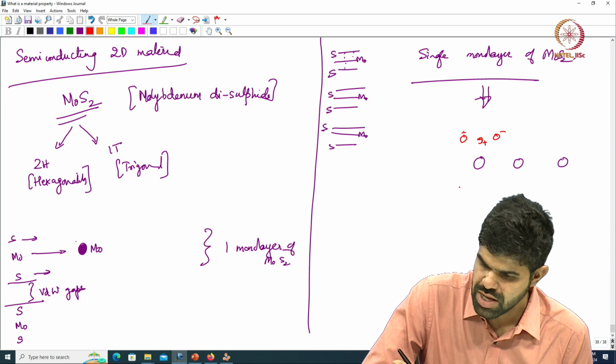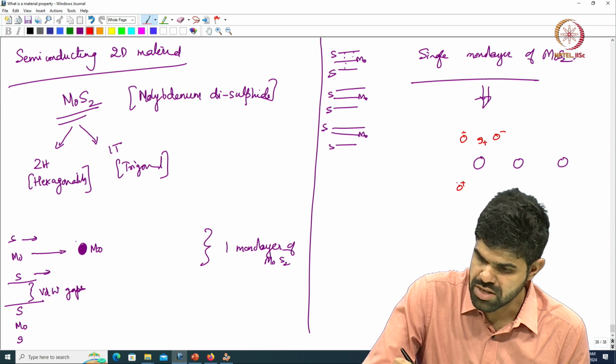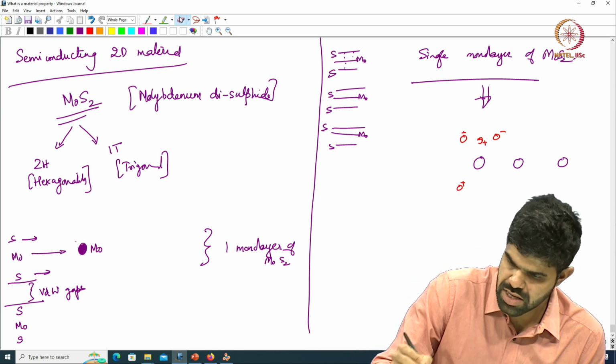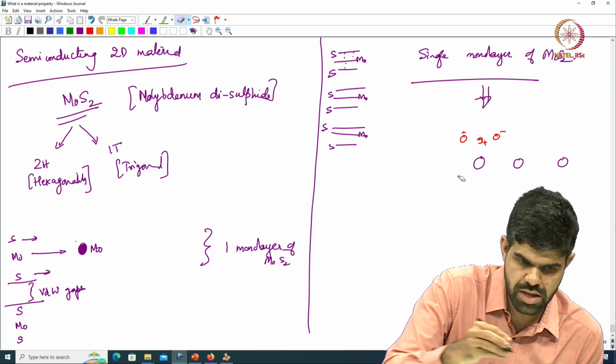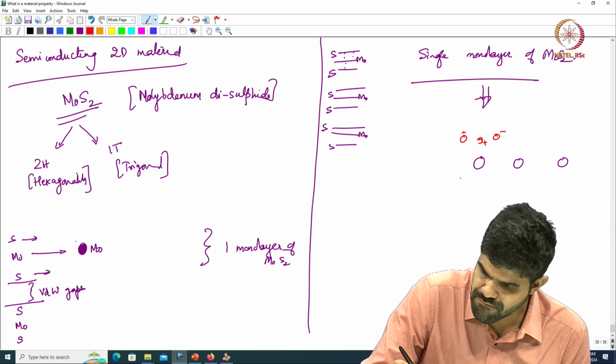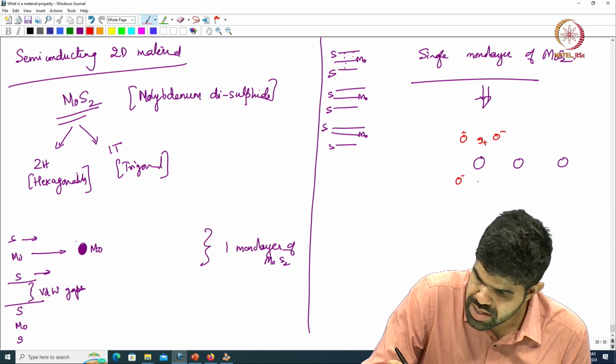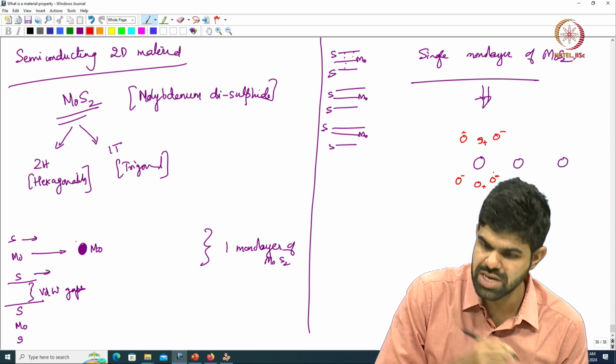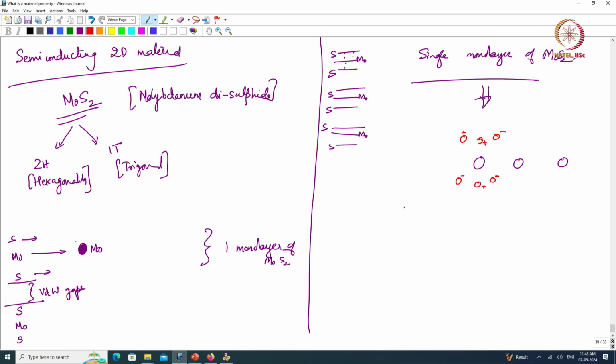Again if this is plus, if this is minus, this is plus and this is minus again, right. So essentially I have a prism here, right. I have a molybdenum and I have one triangle, I have another triangle, right.